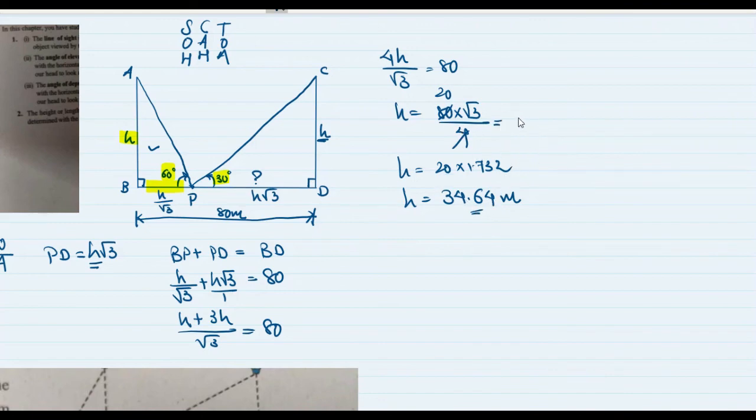We also have a value in root, which is 20 root 3. Substitute this value over here and over here. So if you substitute 20 root 3 over here, you get 20 meter, and here you get 80 minus 20, which is 60 meter. So the point P is 20 meter away from tower AB and 60 meter away from tower CD.